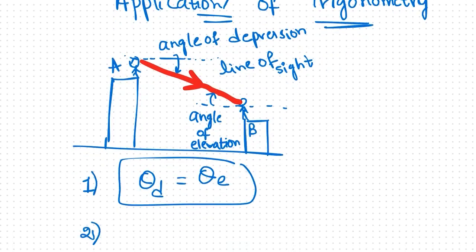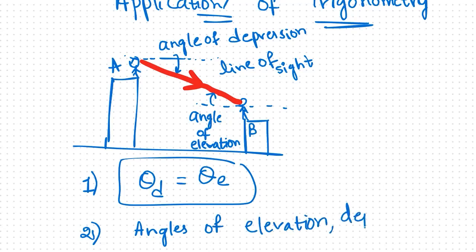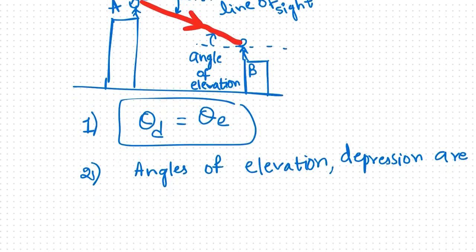The second point, which we already know, is that angles of elevation or depression are measured from the horizontal level, not the vertical level.